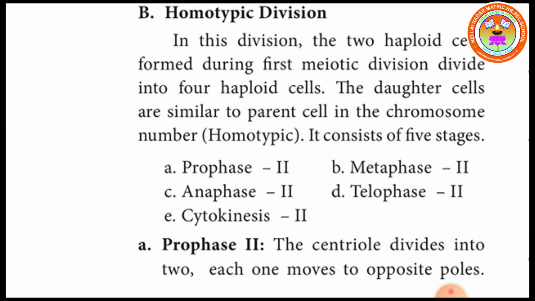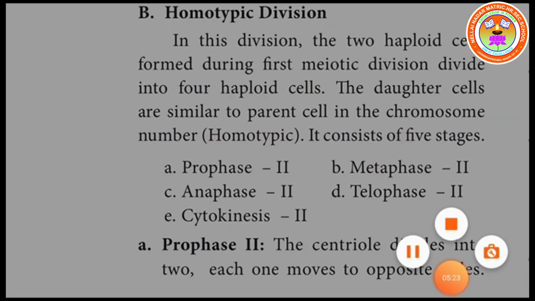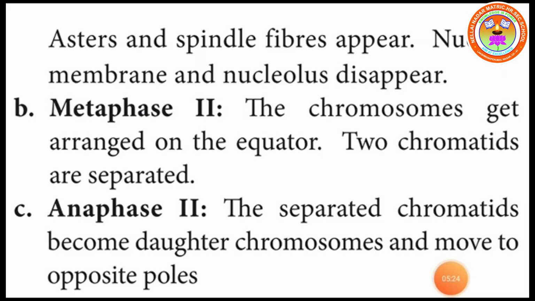First one, prophase 2. In this division, the centrioles in the cell divide into two, and each one moves to the opposite poles. As the centrioles move to the opposite poles, aster and spindle fibers are formed.